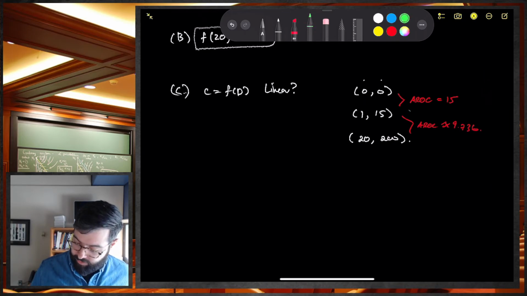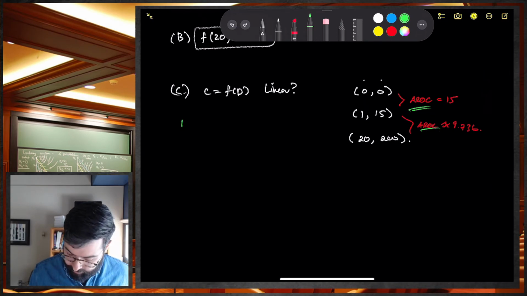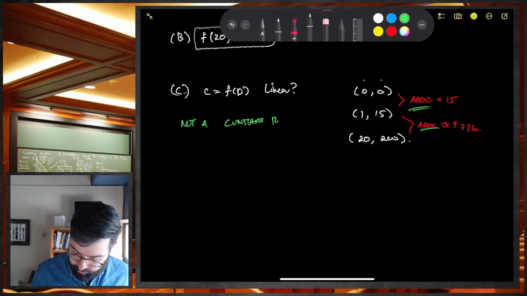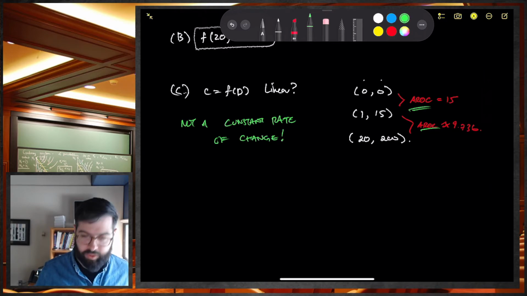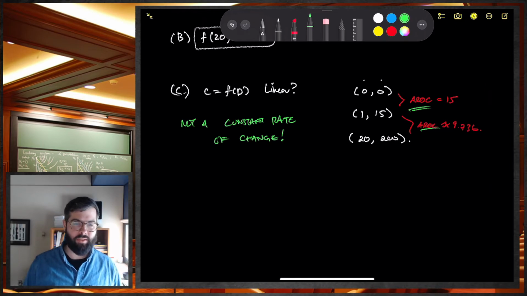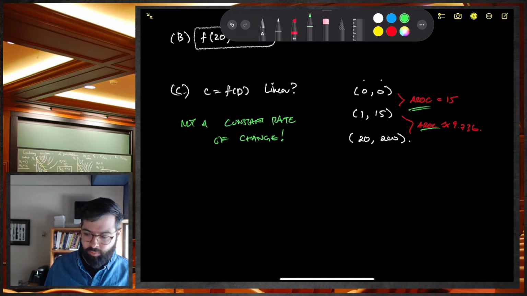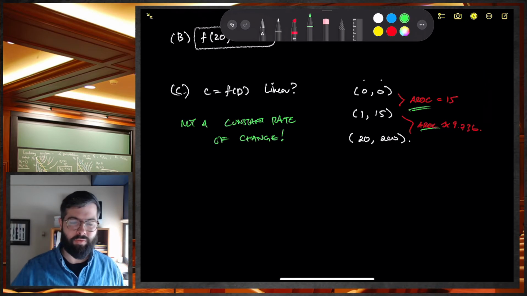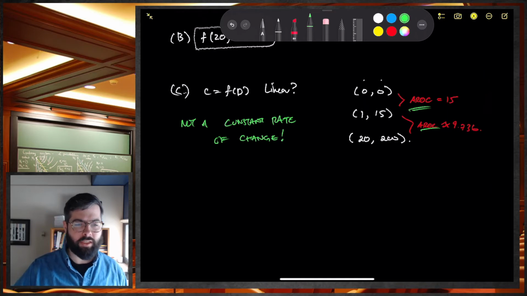Okay, so the fact that the average rates of change are not equal means that this thing is not linear. So not a constant rate of change. But again, there's a bunch of ways you could answer this, and if you made a good enough point, you're probably going to get full credit. But if you're just using math jargon or it's unclear, then that is a problem.